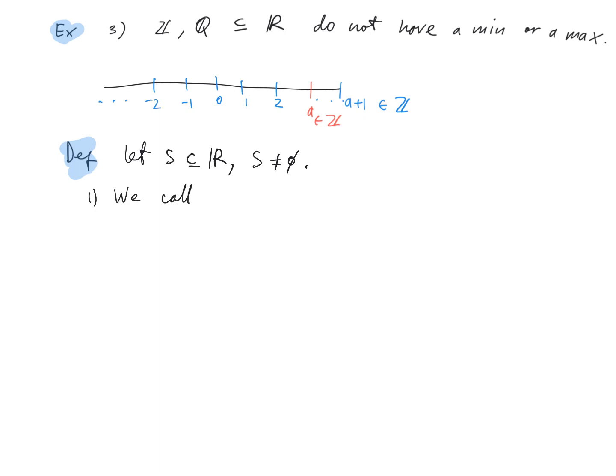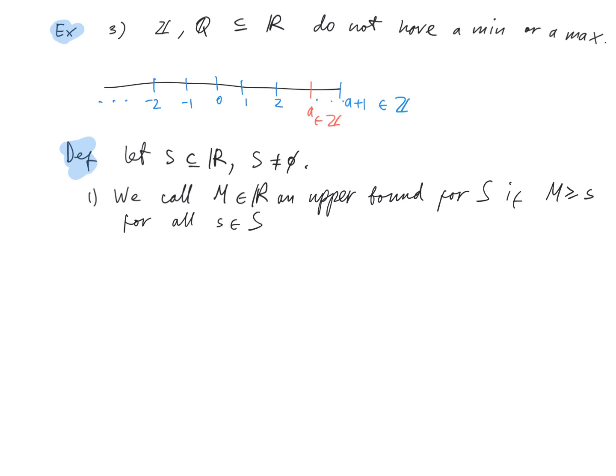We call a real M an upper bound for S if M is greater or equal than s for all elements little s in the set capital S. If such an upper bound exists, we say that S is bounded from above.